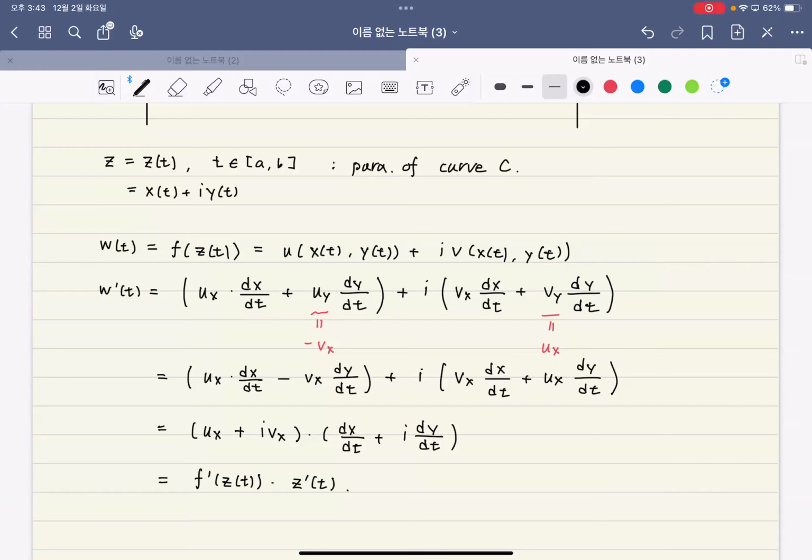This turns out to be a very easy chain rule. But this chain rule is only true because of the Cauchy-Riemann equations; in other words, because my function was assumed to be analytic. Now I want to consider the argument of each of these two sides of the expressions.